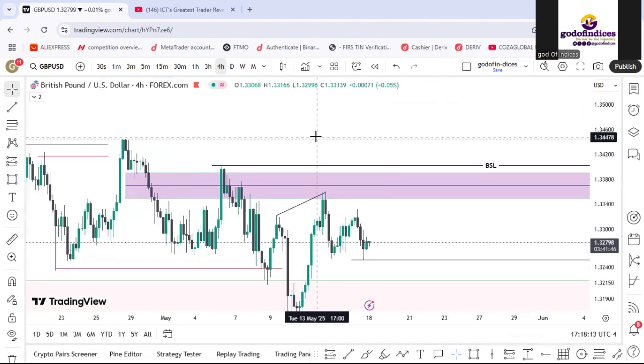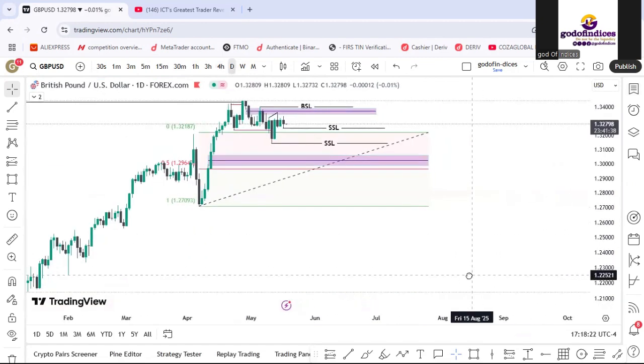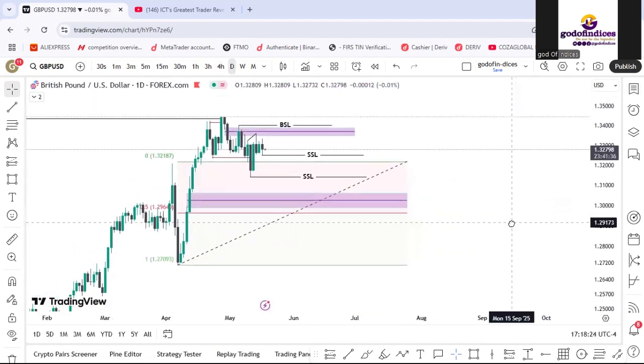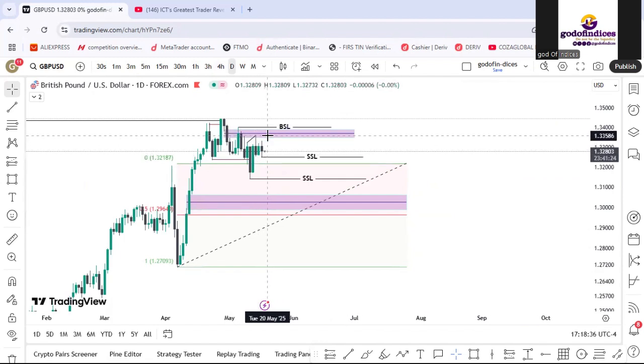If you ask me, I'll say I'm 75 to 80% tilting to the bearish side for EU and GU this week. So I'll be expecting a weekly bearish closure. As you can see, we have been accumulating, we have been given a consolidation here. So most likely Monday might want to go and get the final inducement of this level before tanking.